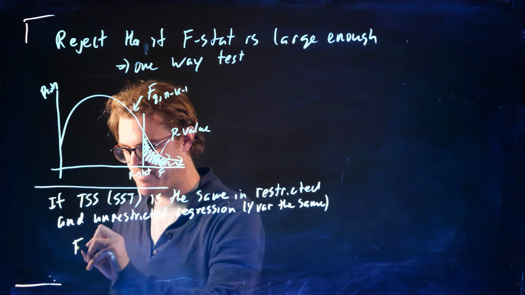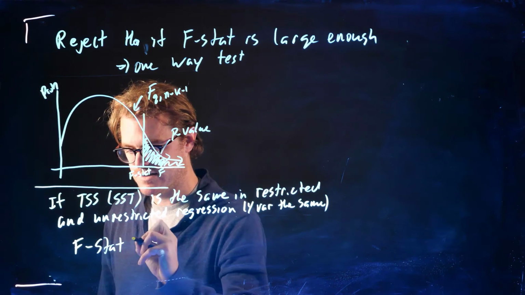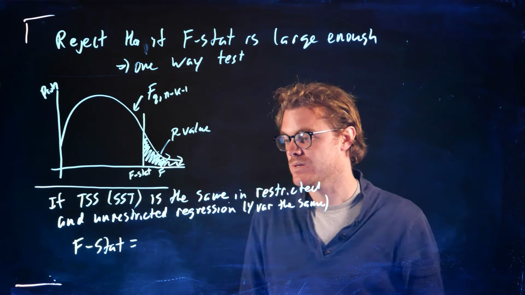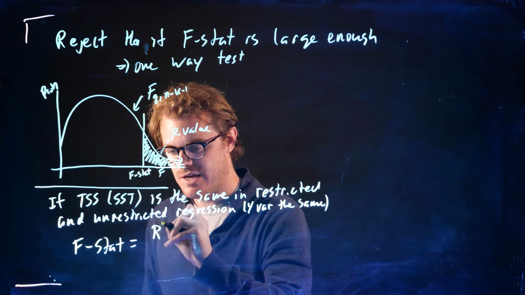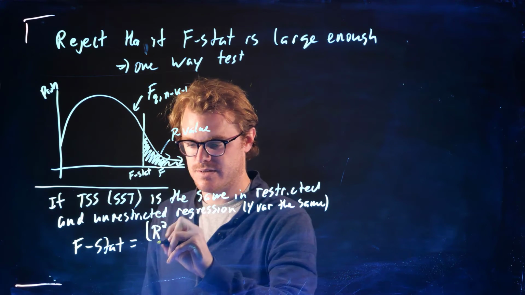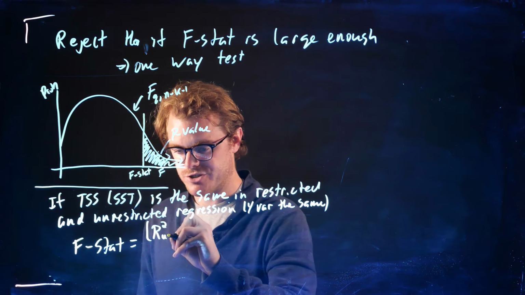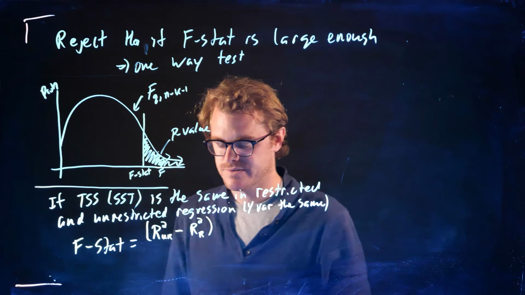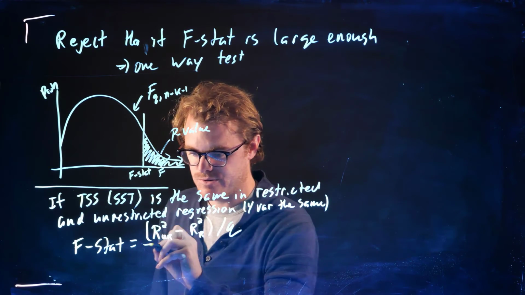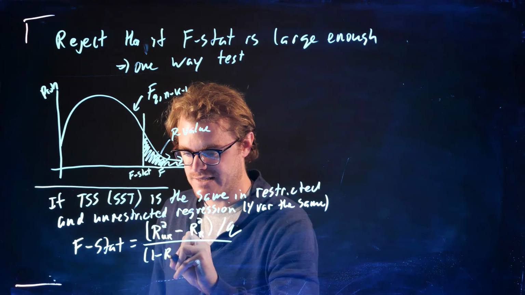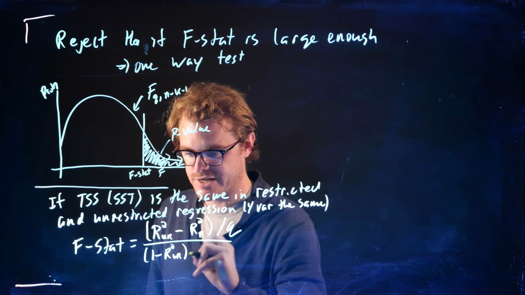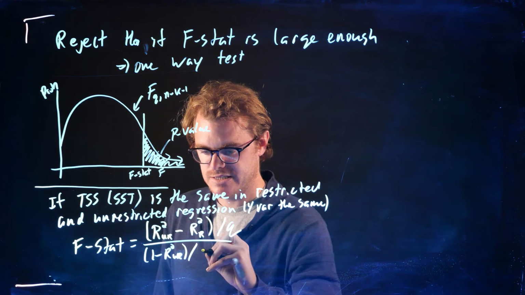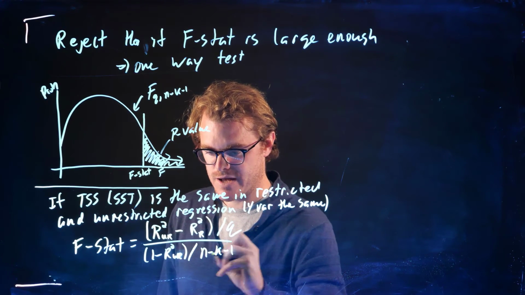Then another way to represent this F stat, and this is just algebra, is the R squared of the unrestricted regression minus the R squared of the restricted regression, divided by q, over 1 minus the R squared of the unrestricted regression, divided by n minus k minus 1.